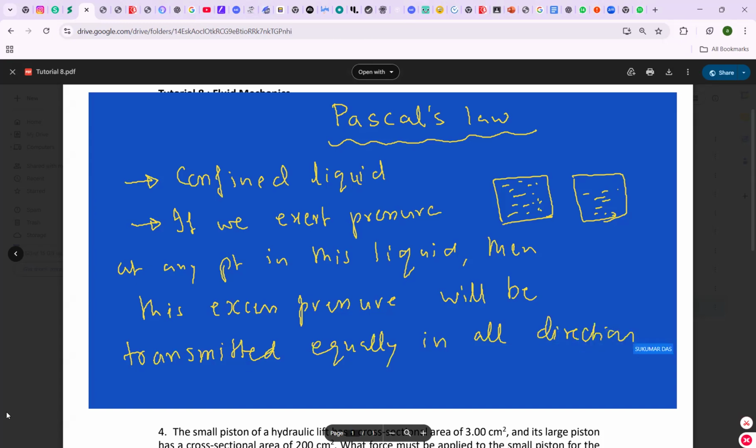We will see what it means. Equally in all directions within the liquid.